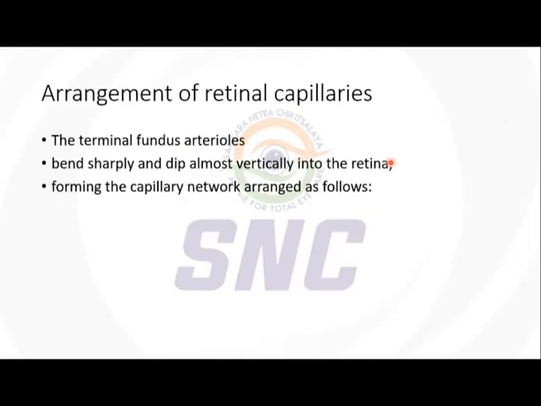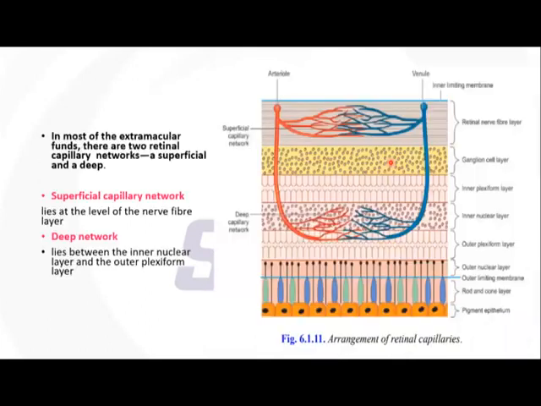Then the arrangement of retinal capillaries. They are the terminal fundus arterioles. They bend sharply and dip almost vertically into the retina, forming the capillary network arranged as follows: superficial capillary network and deep network.